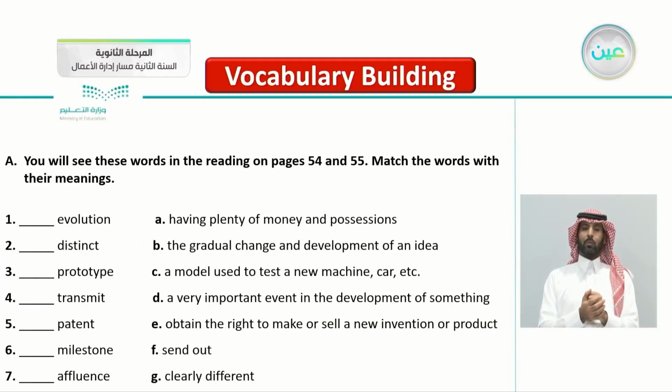So evolution, is it A or B or C or D, etc.? Evolution, it's the letter B. The gradual change and development of an idea. The gradual means step by step, slowly. If an idea or anything is slowly developing, this is evolution.